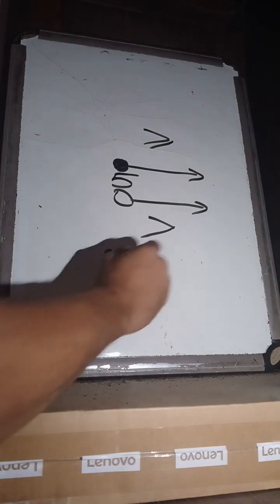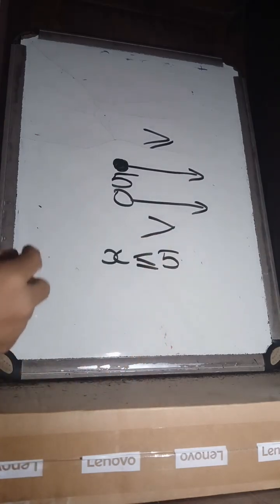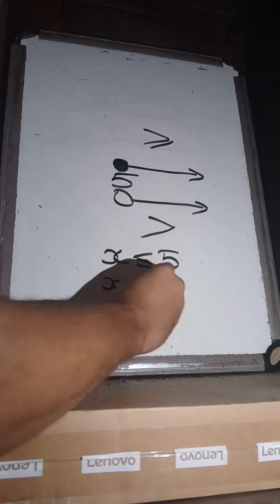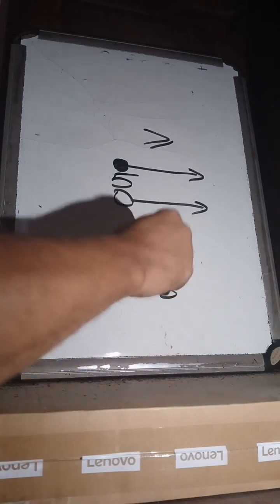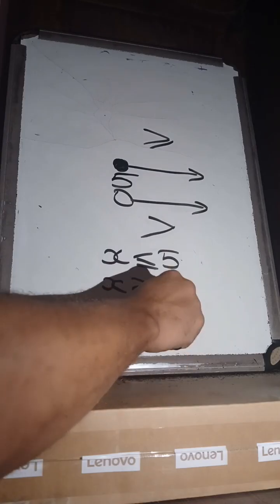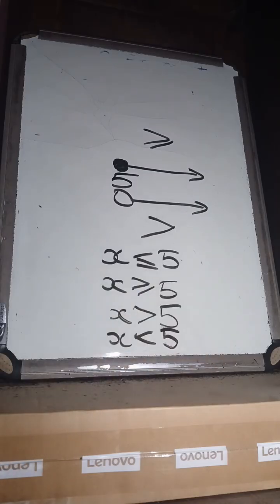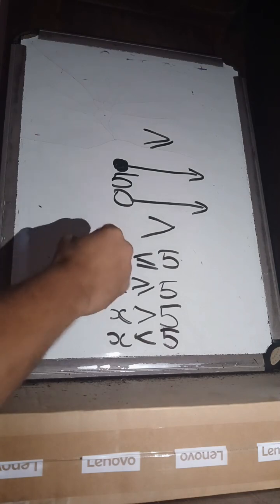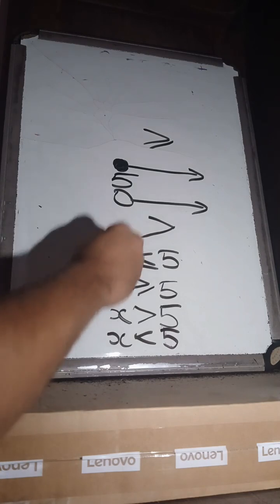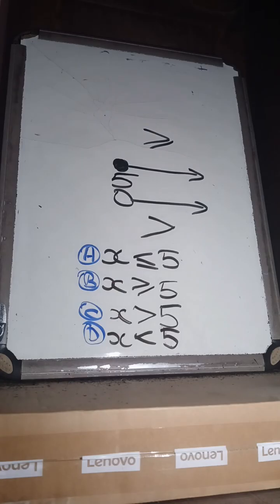They give us x is less than or equal to 5. We have x greater than or equal to 5. We have x greater than 5 and x less than 5. So let us see now. How do we know which one is right?